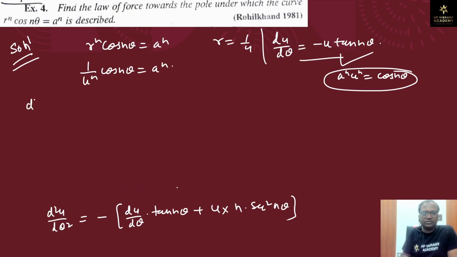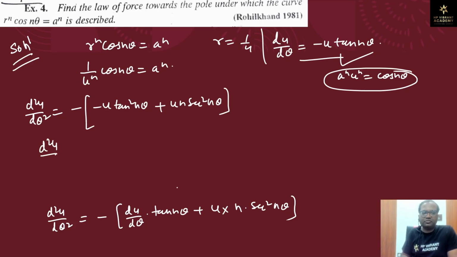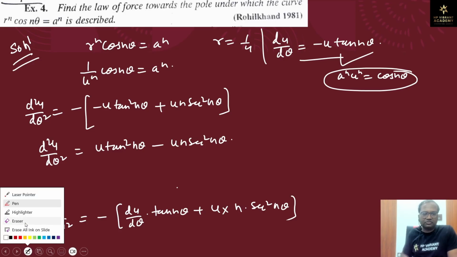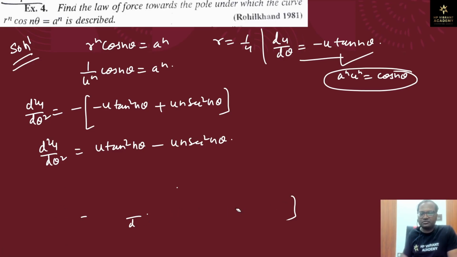So we have d2u upon d theta square is equal to minus of du upon d theta is minus u tan square n theta plus un sec square n theta. So d2u upon d theta square is equal to u tan square n theta minus un sec square n theta.